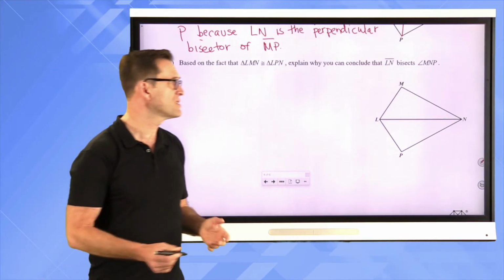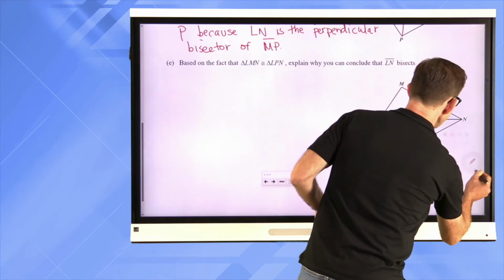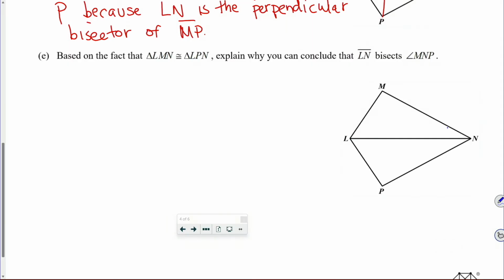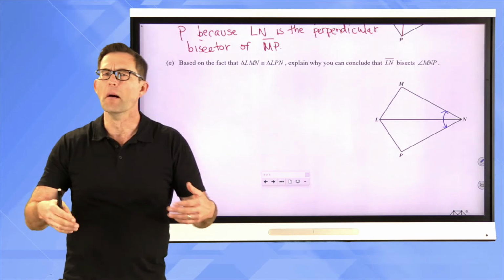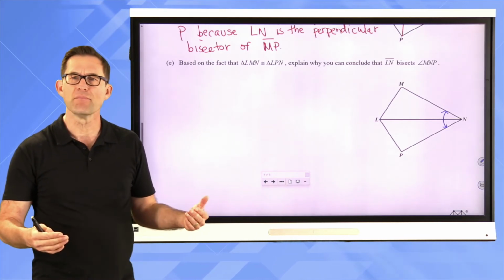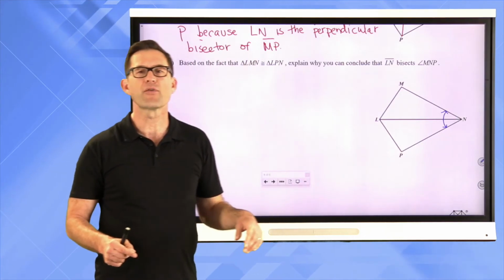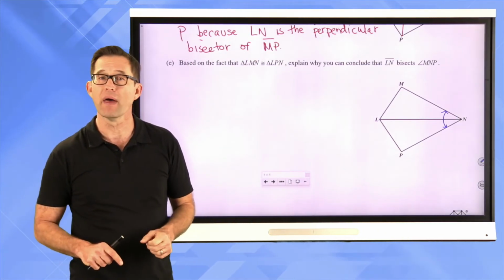All right, well, first things first, let's make sure that we understand what angle we're talking about, what angle we're bisecting. That's MNP, right? That's this thing. All right, let's work our way a little bit backwards. There's angle MNP, and obviously LN is that. Now, what does it mean for LN to bisect angle MNP?